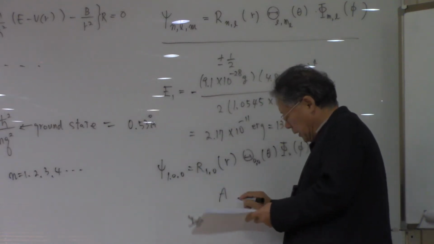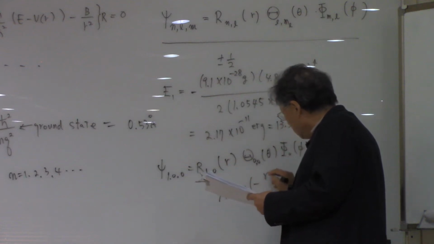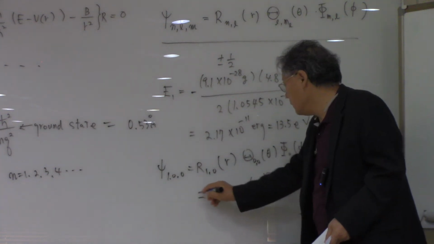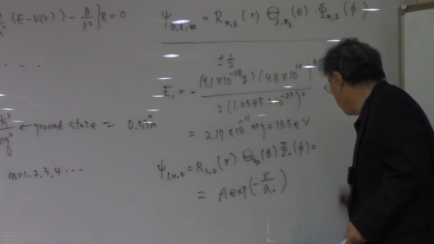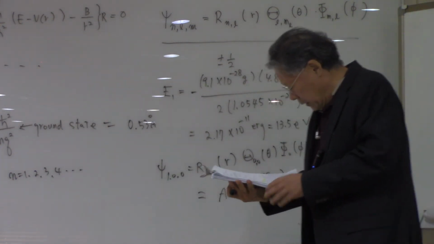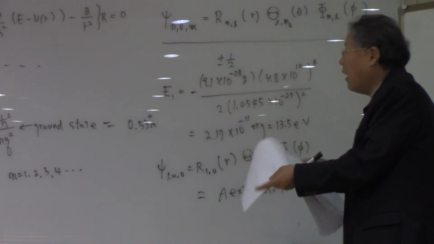That can be expressed as an exponential of minus r over a naught, something like this. All of this is simple calculation, and we are not going to actually derive this.